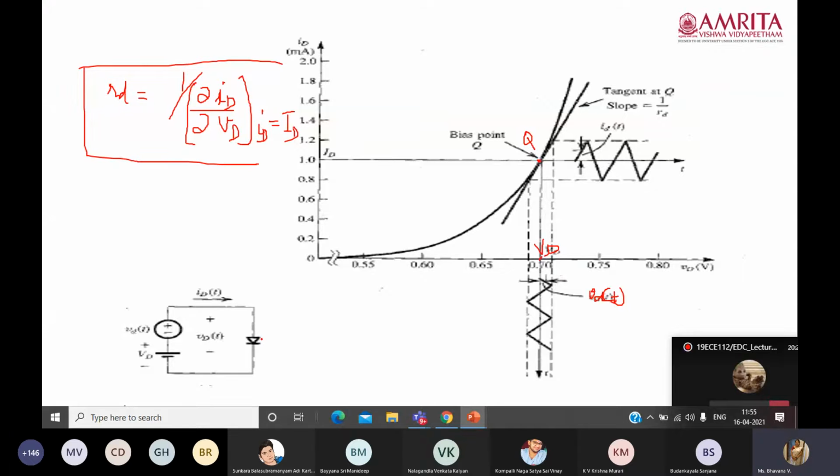AC analysis or DC analysis? AC. So will there be any DC sources present? No, ma'am. So in order to draw the small signal equivalent circuit, first you have to eliminate all the DC sources. After eliminating all the DC sources, you have to replace the diode with its small signal resistance, a resistance rd. Did you understand?